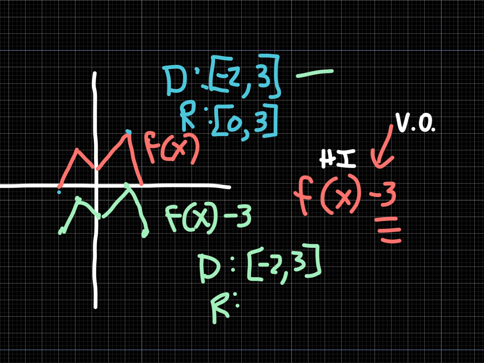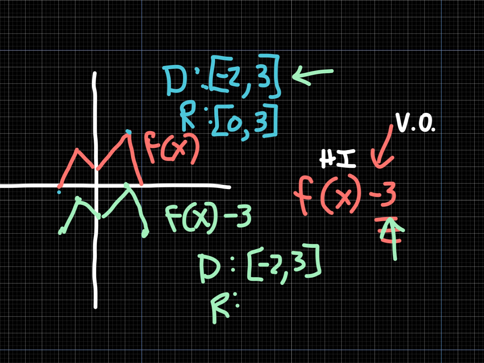Look, my domain stayed exactly the same. My range is the thing that changed. See, if you change the outside, you're changing the range. If we had made the change on the inside with the x, that would be changing the x's, which would be changing the domain. All right, so since we changed the outside, we changed the range.